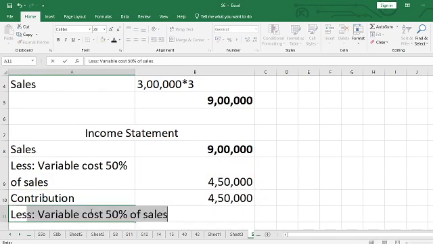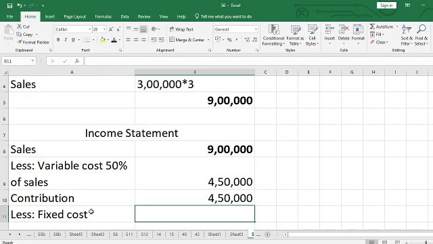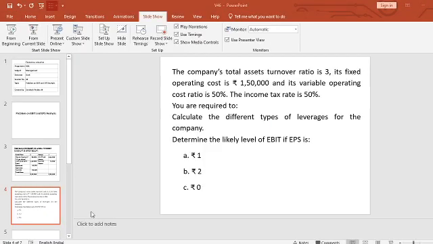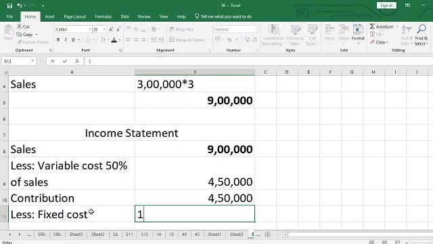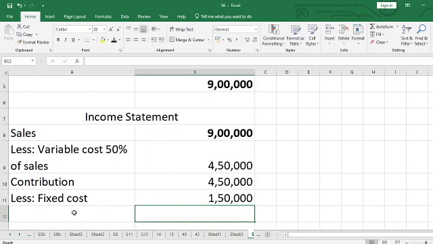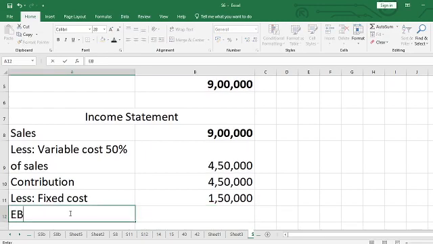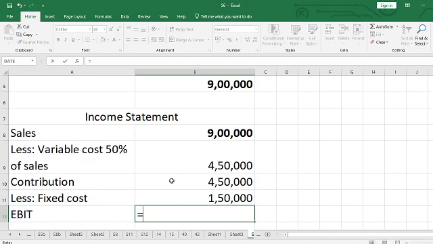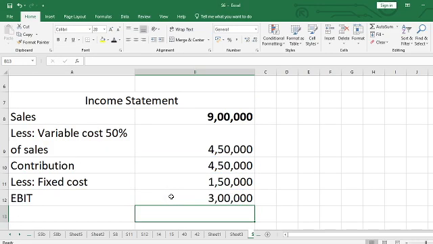Next, less fixed cost. For fixed cost, you need to see the problem. Fixed cost is given as 1,50,000. So the answer is earnings before interest and tax. From contribution, deduct the fixed cost. So that will give you 3 lakh EBIT.